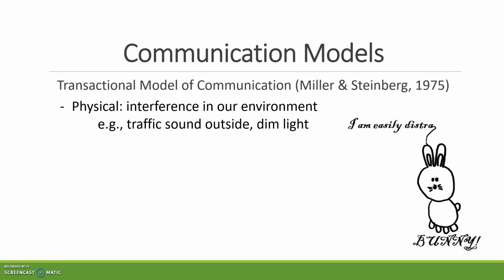So this traffic sound represents one physical noise. And let's say this light is too dim and I cannot see clearly what is being written on the board. So this dim light is a physical noise as well. So something happening in this environment, we call it physical noise.